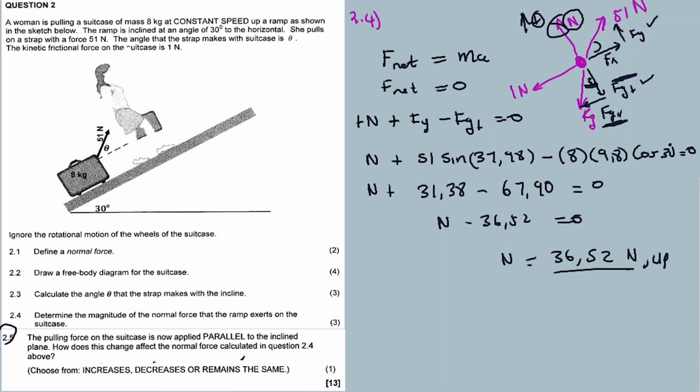All right, let me explain a little and then give you the answer. If the applied force becomes parallel, it means that there are no more vertical components, so that value falls off and only this value remains. We have the normal force going from 36.52 to 67.92.